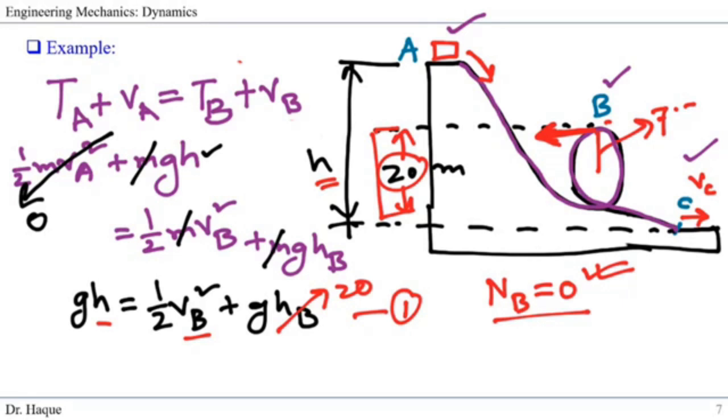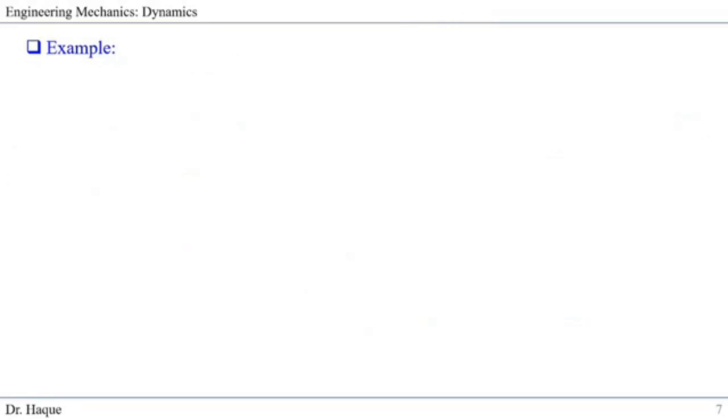So now we're going to draw the free body diagram at point B. At point B, I have my box upside down, and there is no track because it's about to leave the track. So the normal reaction force at point B, NB, is 0 because it's about to leave the track.